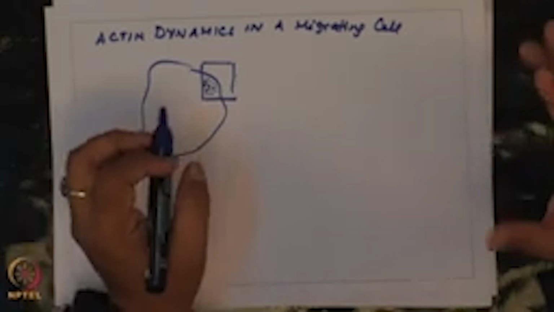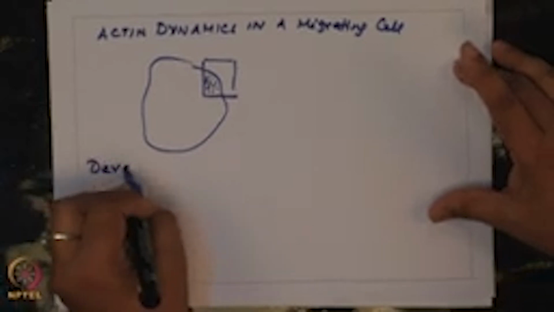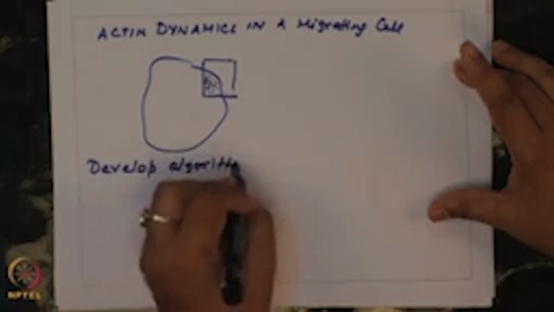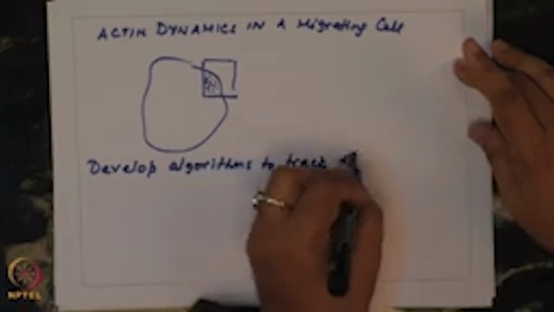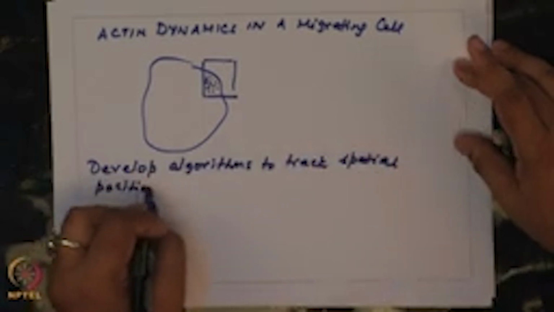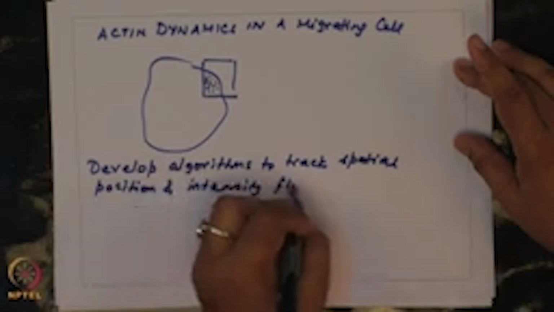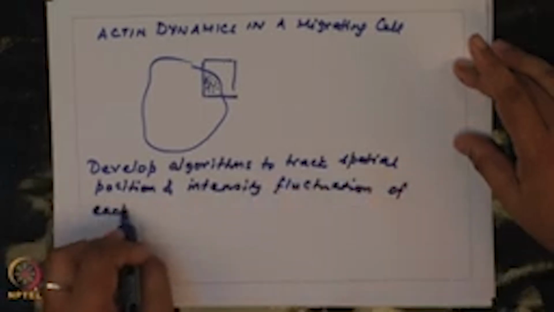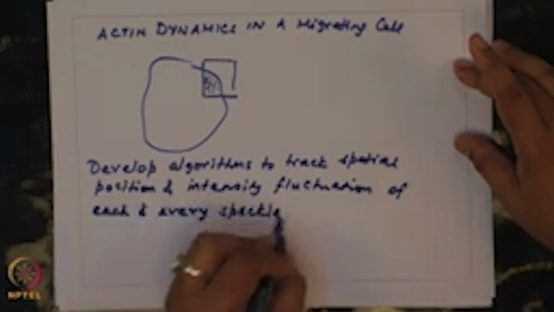So, in order to gain any quantitative information, you need to develop algorithms to track the spatial position and intensity fluctuation of each and every speckle. So, this is no mean task.